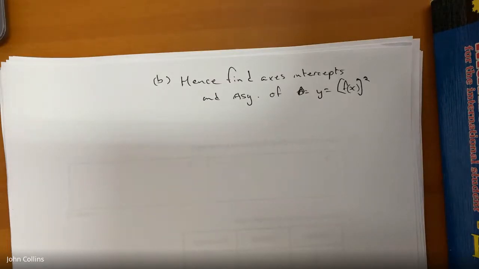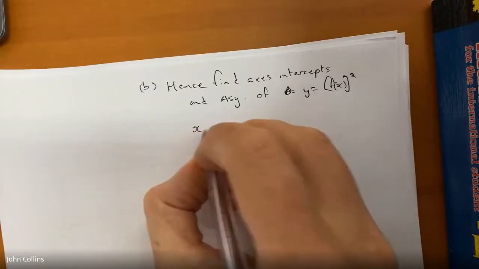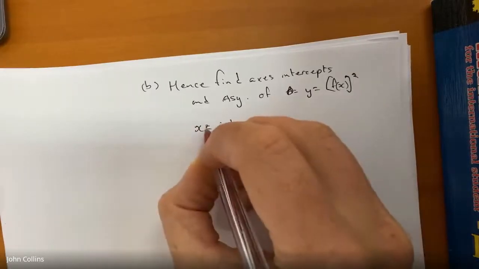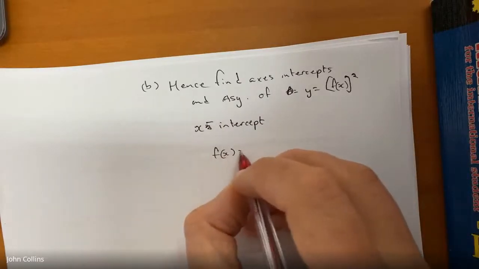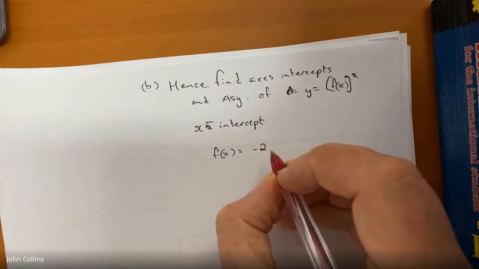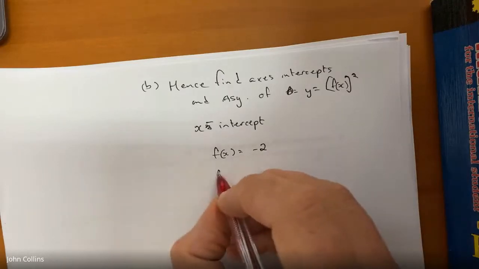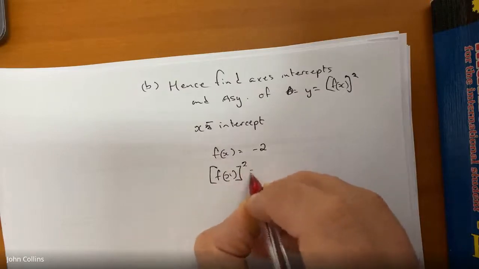So if we squared out all the answers, let's just talk about the x. Let's get the intercepts done first. The x-intercept. Not x equals, just the x-intercept. In the previous example, in f(x), the x-intercept was -2. What do you think is going to happen to the function squared?